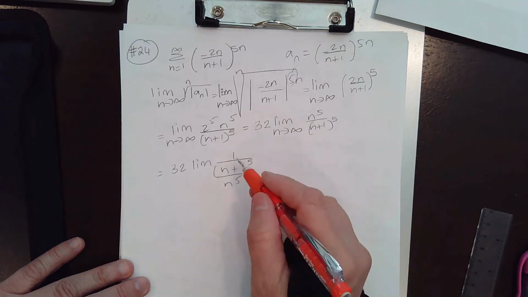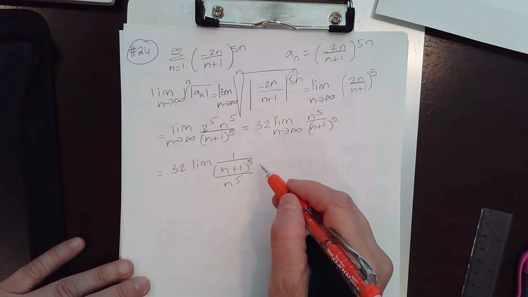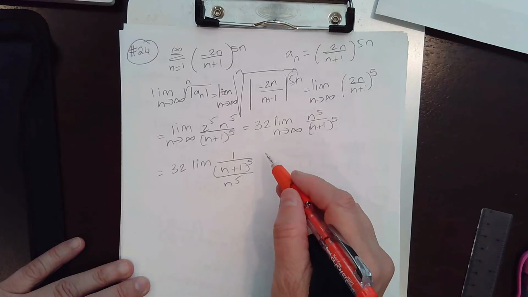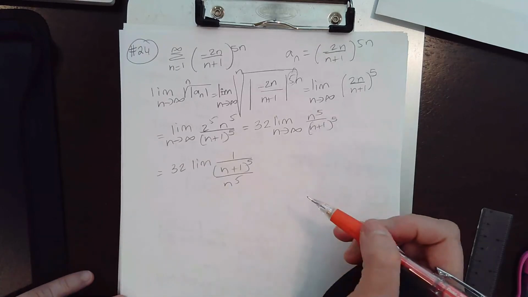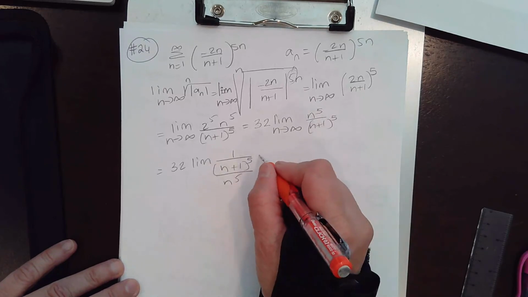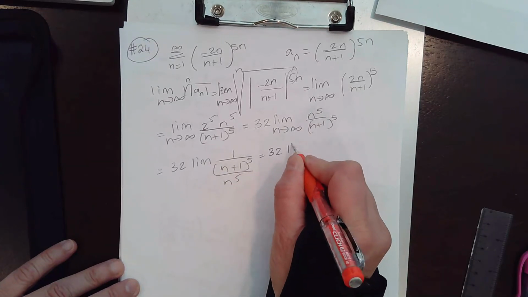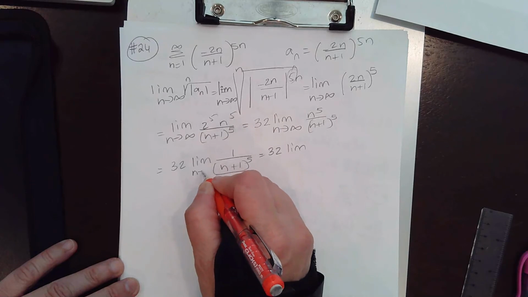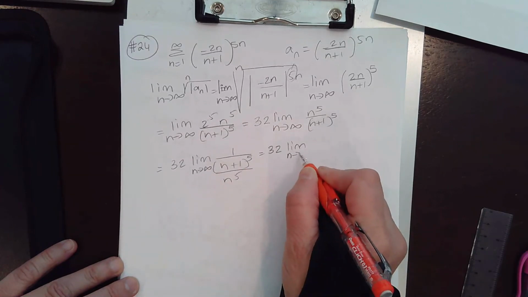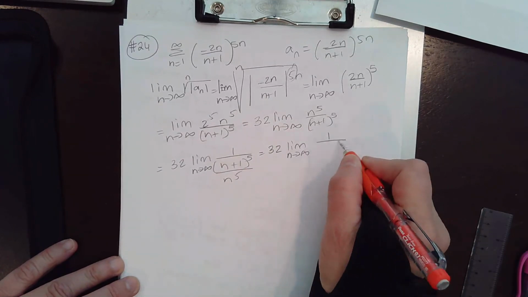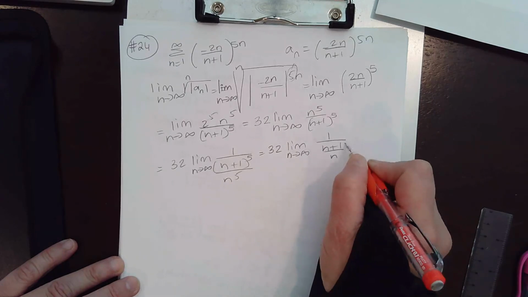So you have 1 divided by this, so 1 multiplied by n to the 5th over this. So these two are the same. And then I can rewrite this, I forgot to put n approaches infinity, as 1 over (n plus 1 over n) to the 5th power.